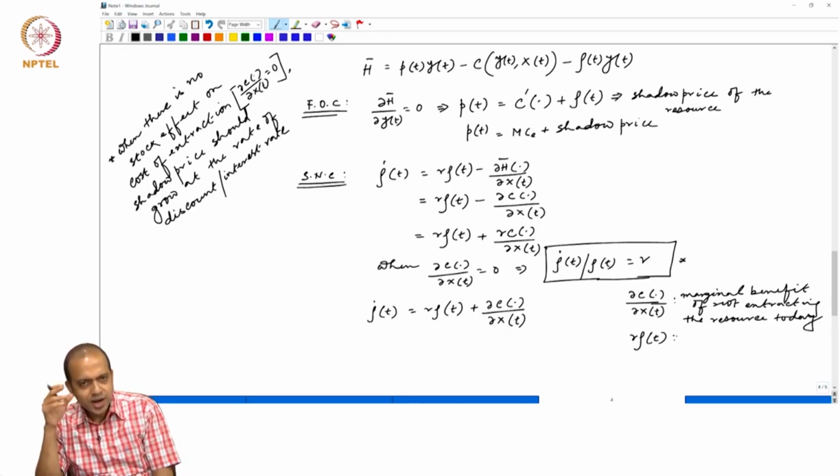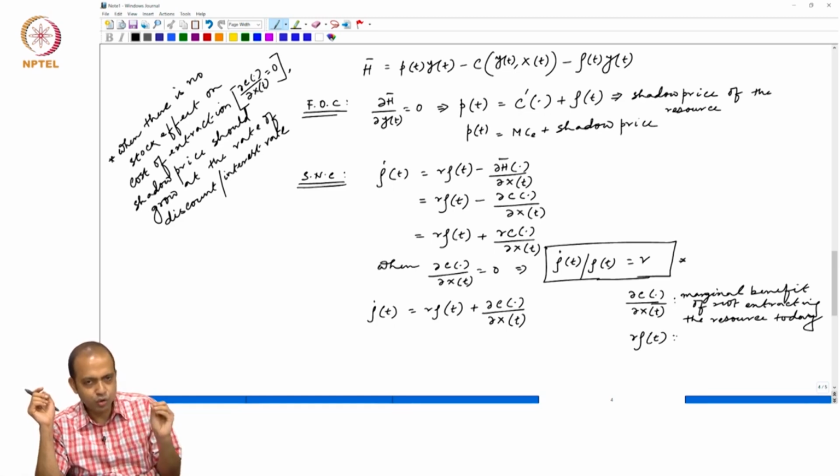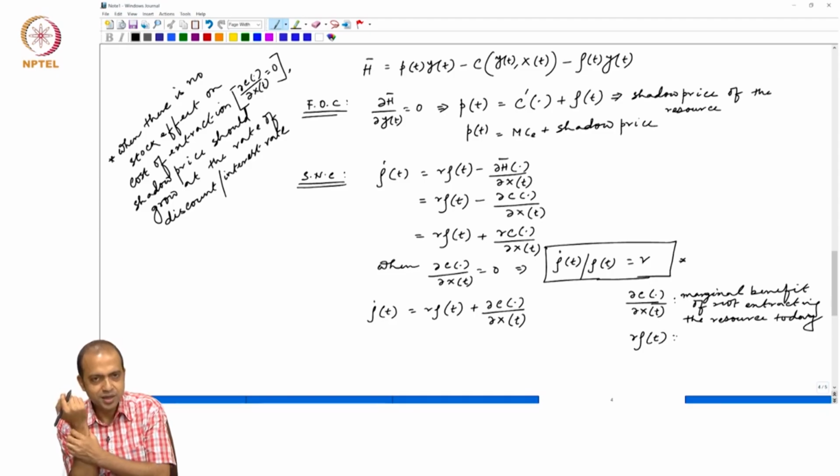If I extract the resource today and keep the money in the bank, then the bank will give me some interest. And what would be the total interest gain? R into rho t, because for 1 unit of resource, the price is rho t at the tth point of time. So, 1 unit of resource, if I extract today, I will get rho t amount of money, and that same rho t amount of money, if I keep it in the bank, then the bank will give me rate of interest r. So, the total gain from that is r into rho t.